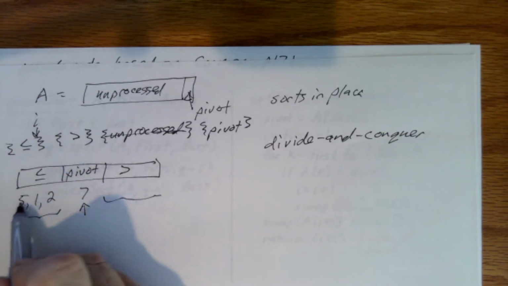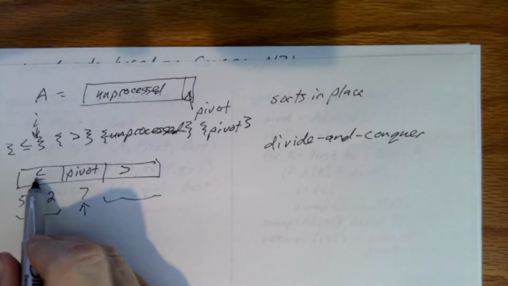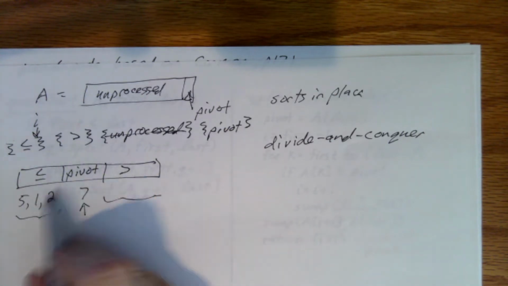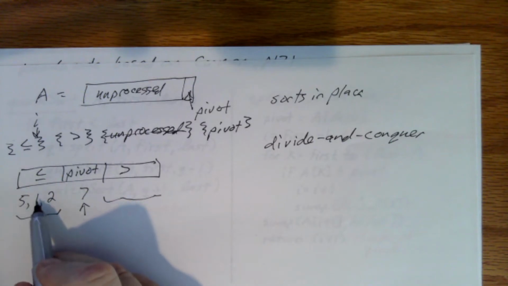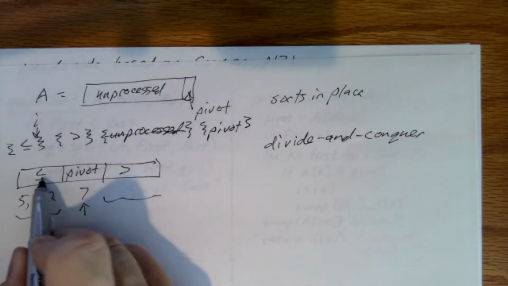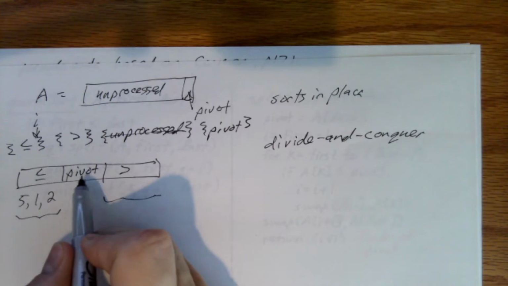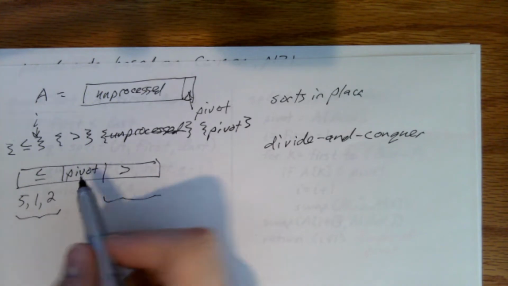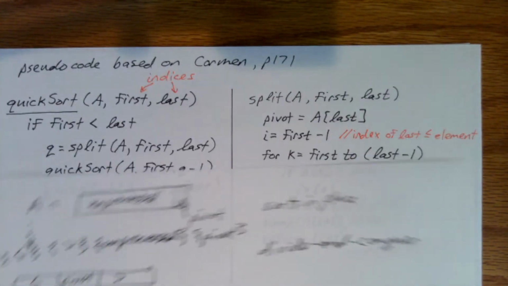So if I know these values here are less than or equal to the greater than values, I don't need to compare to them. So I've greatly reduced the number of values I have to compare to each other. And likewise, if I know these values are greater than this group, I don't have to compare to this group, greatly reducing the costs. So let's work through an example to see how to actually do that.